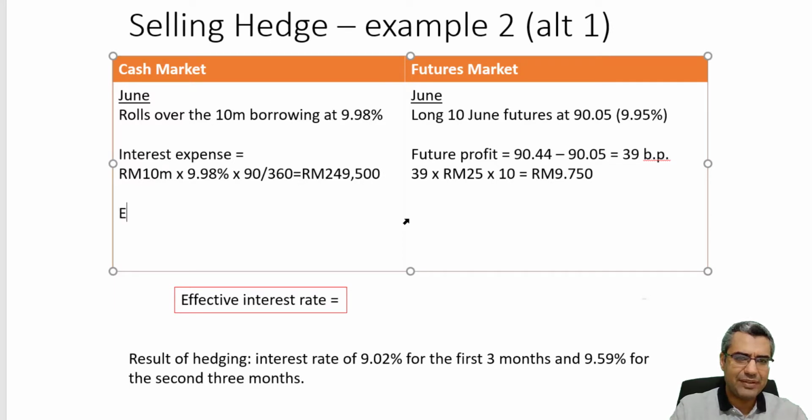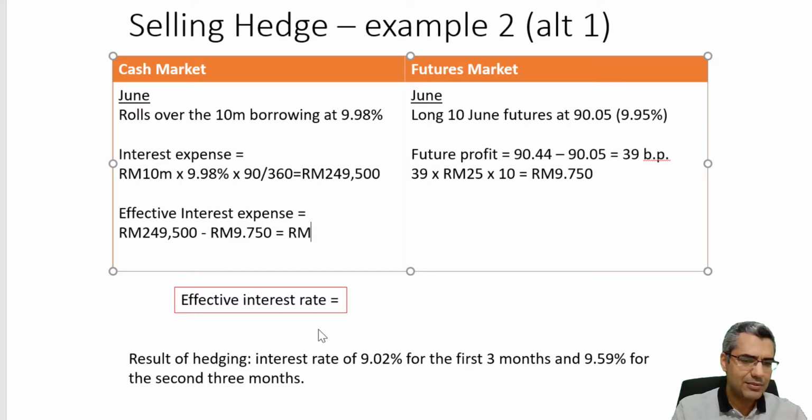Now you take this here. So the effective interest expense is 249,500, which was the cost of borrowing 10 million ringgit, minus the profit from the futures contract. This means that your net expense is 239,750 ringgit.